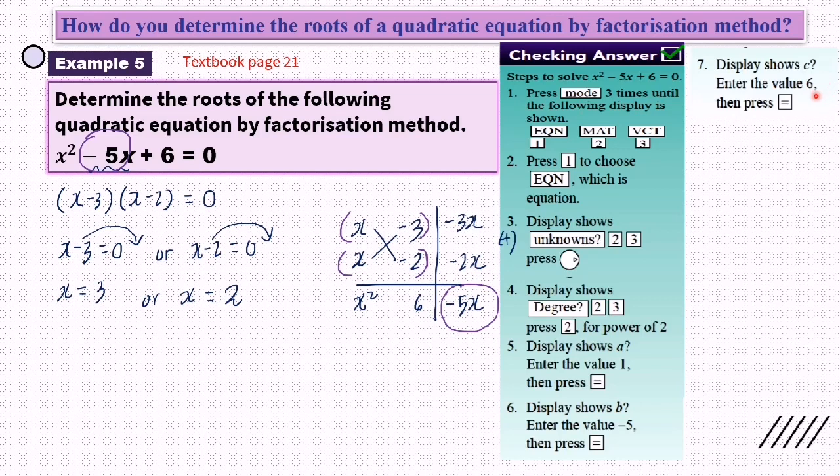So you key in 6 and press again equals. And you will see s1 equals 3. And you press the button equals again, you will see s2 equals 2. So this is the root. Okay, s equals 3 and s equals 2. Same, right? This is how we use the calculator to check the answer.